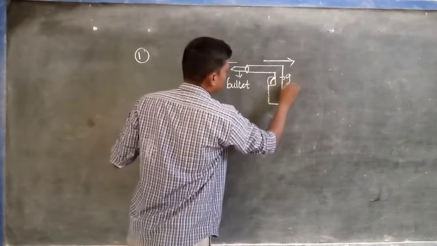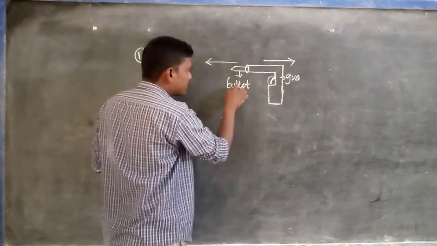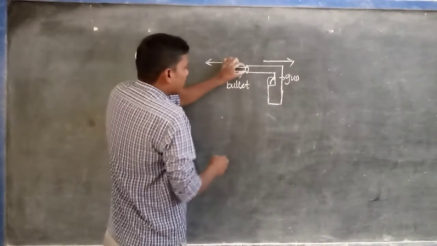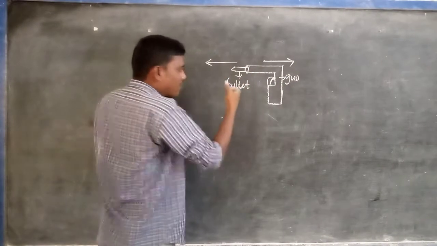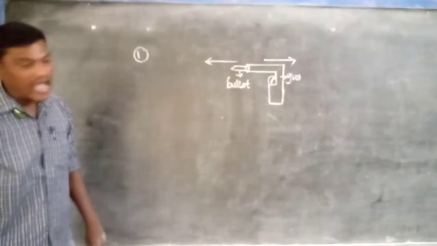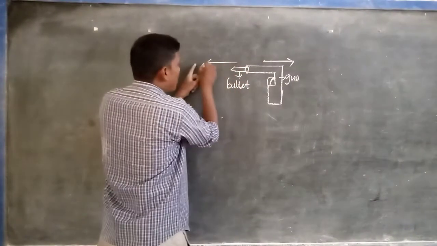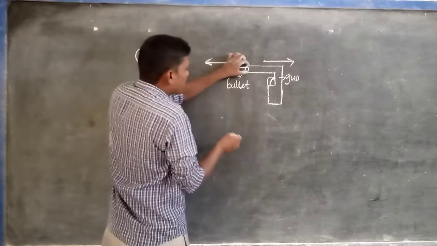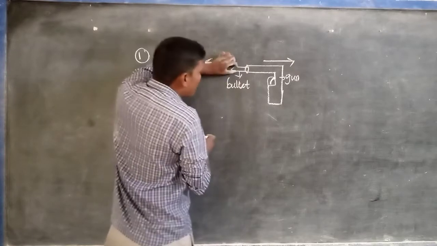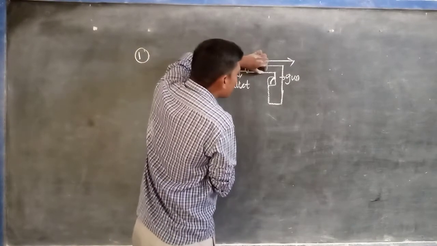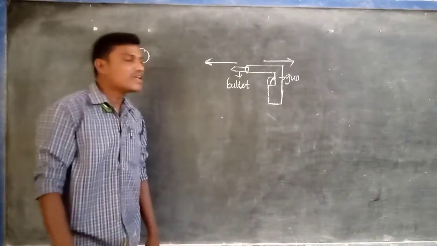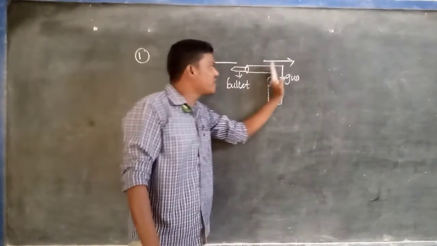When the bullet comes outside by pressing the trigger, that is the action. When the bullet comes outside, the bullet exerts some force on the gun. That is the reaction. That's why the gun moves slightly backward.